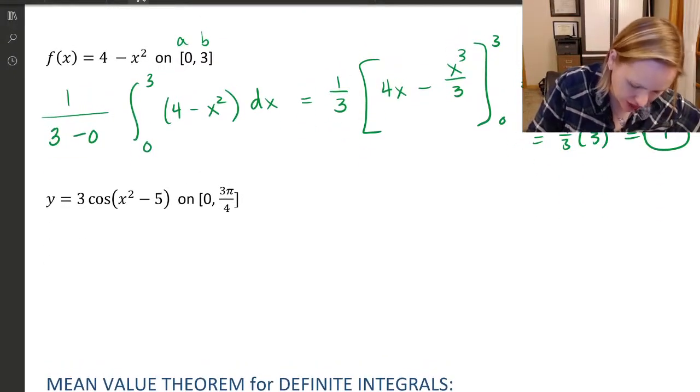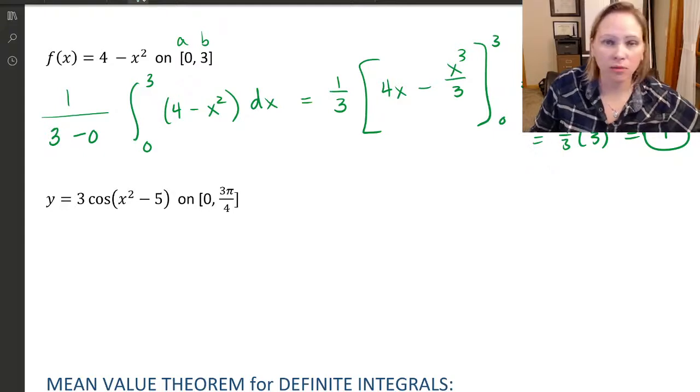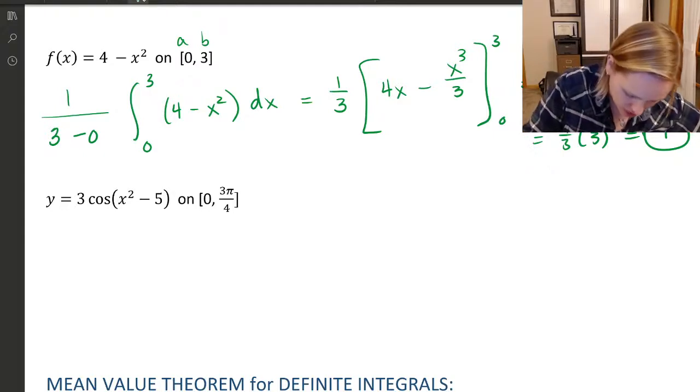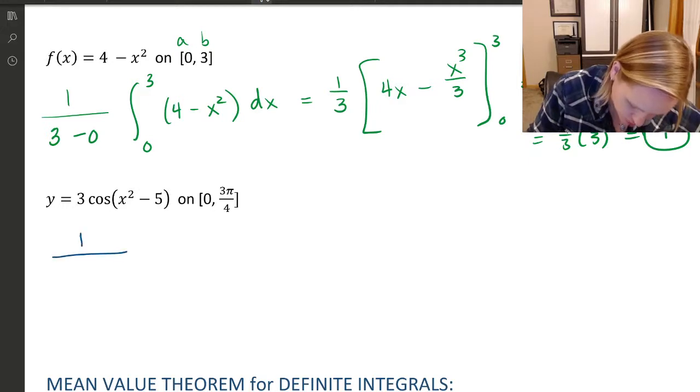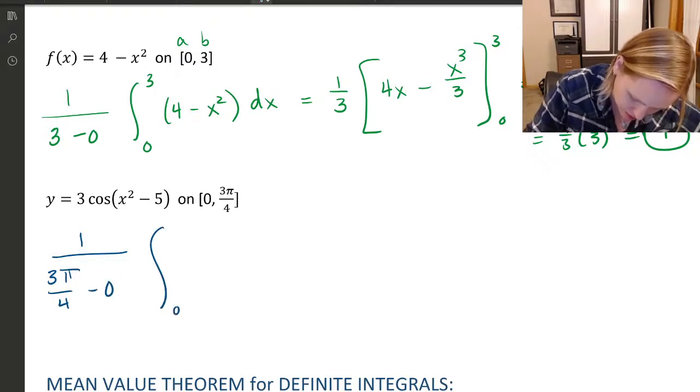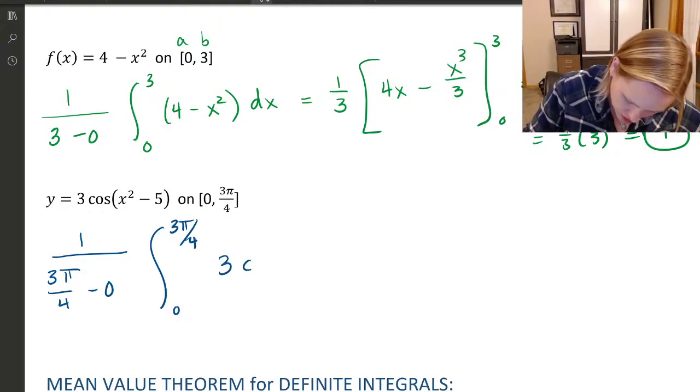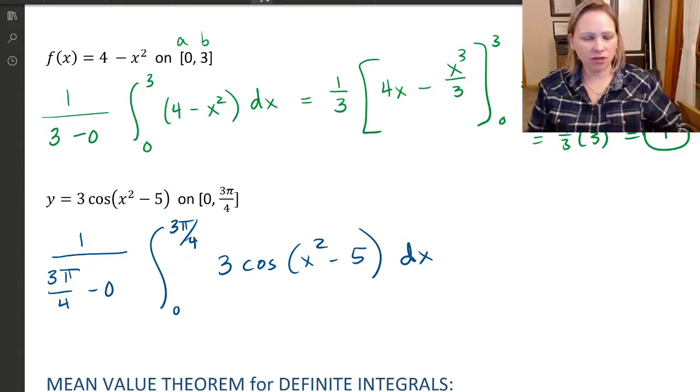Okay. Let's try this next one. So we want to find the average value of 3 cosine x squared minus 5. Well, you know what? This one's kind of ugly. So here's what I'm going to do. I'm going to set this up. I'm going to say 1 over b minus a, so 3 pi over 4 minus 0. And then the integral that I'm going to set up is this. 3 cosine x squared minus 5 dx. Now that's my integral. And you know what, you guys?